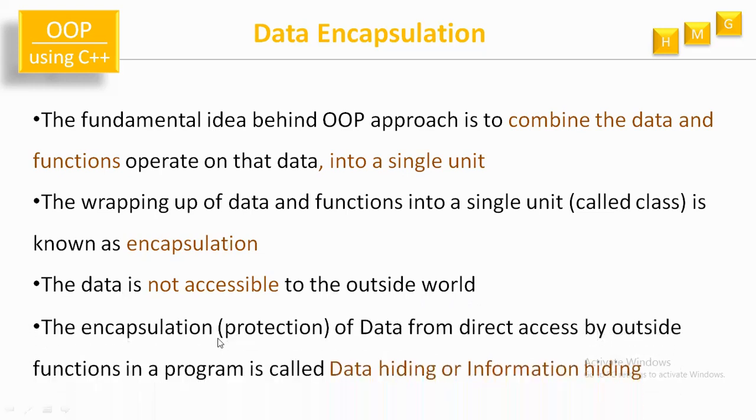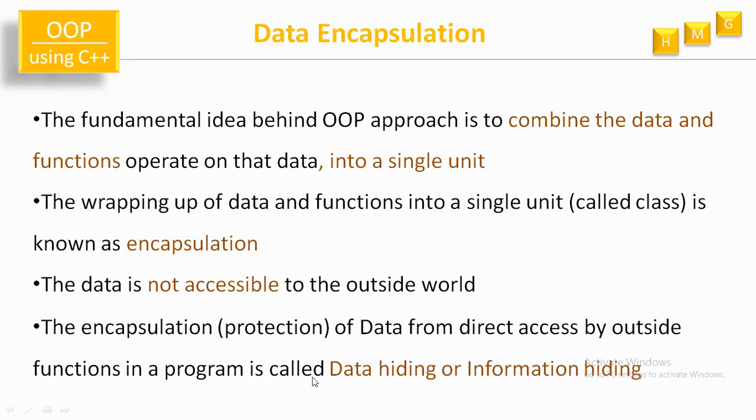Encapsulation actually means the protection of what? The protection of data. Protection of data from what? From access by outside functions in a program. In a program there may be other functions apart from the functions within one object. So this data is protected from outside functions.